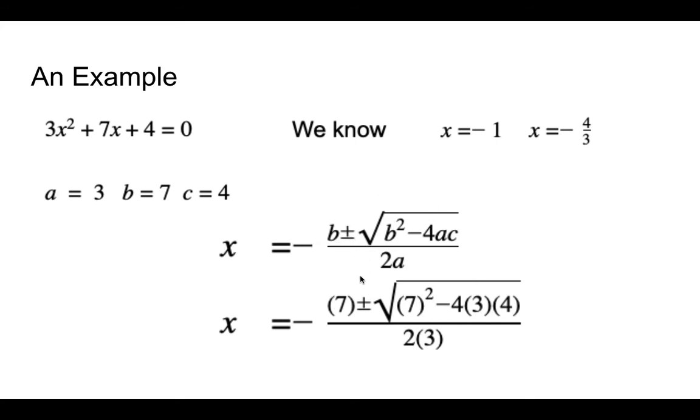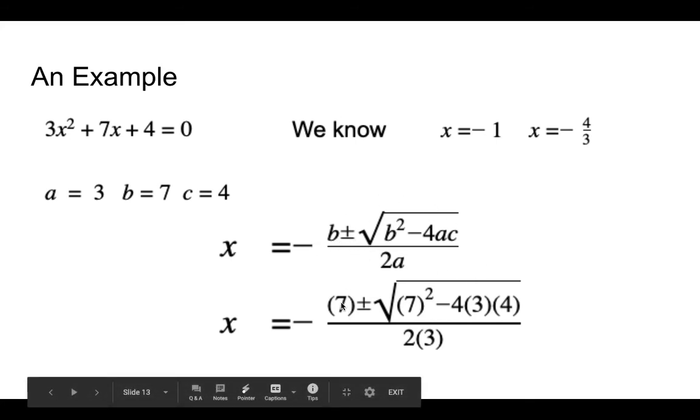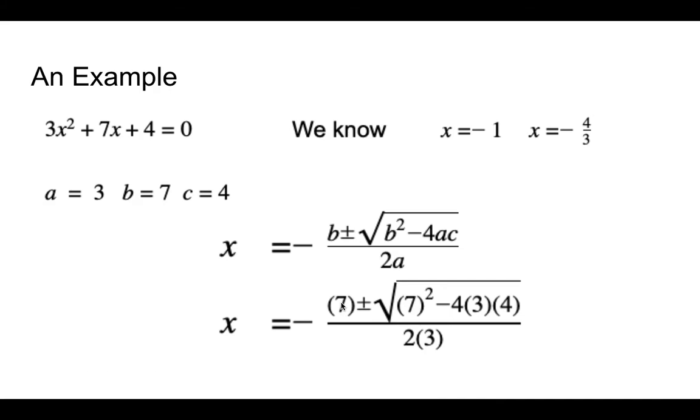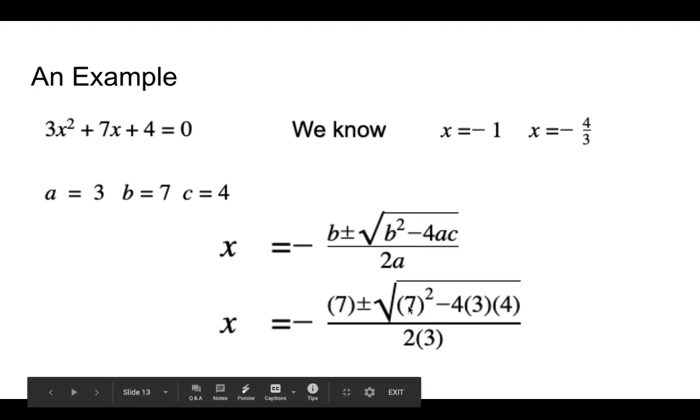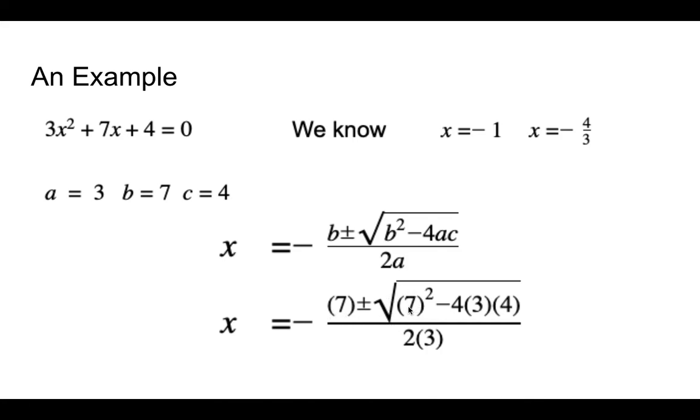Here's the quadratic formula, and I really recommend putting parentheses wherever you're substituting in numbers, especially when you're dealing with negative signs, because it really helps clarify things, in particular this one here, because anything negative squared is a positive number. But I digress.